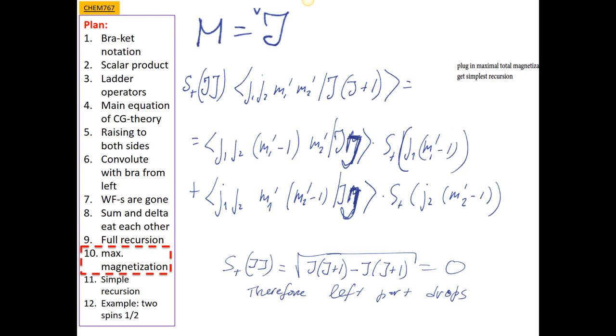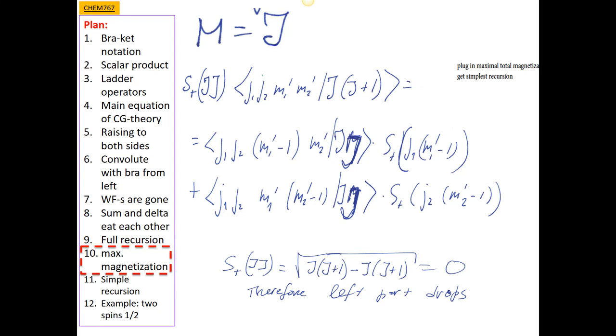Then on the right side, we do have G1, G2, m1 prime, m2 prime, J comma M equals J, times S plus of j1, m1 prime minus 1, plus G1, G2, m1 prime, m2 prime minus 1, J comma M equals J, times S plus of j2, m2 prime minus 1.